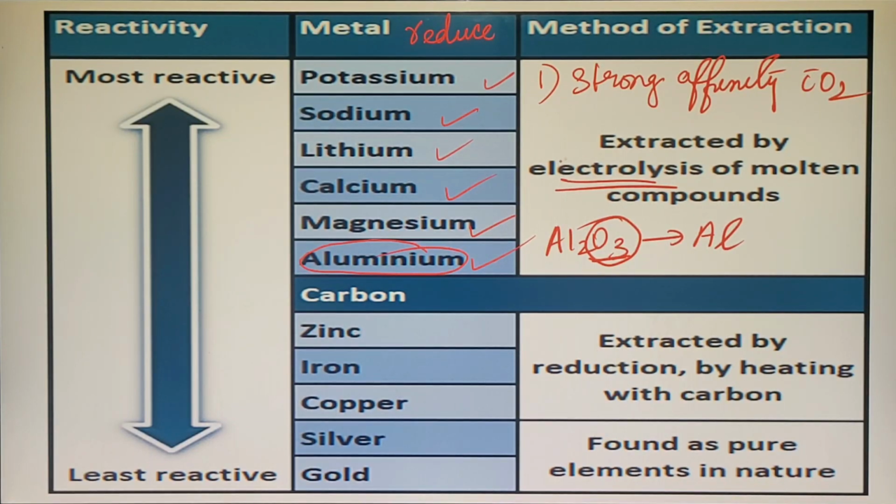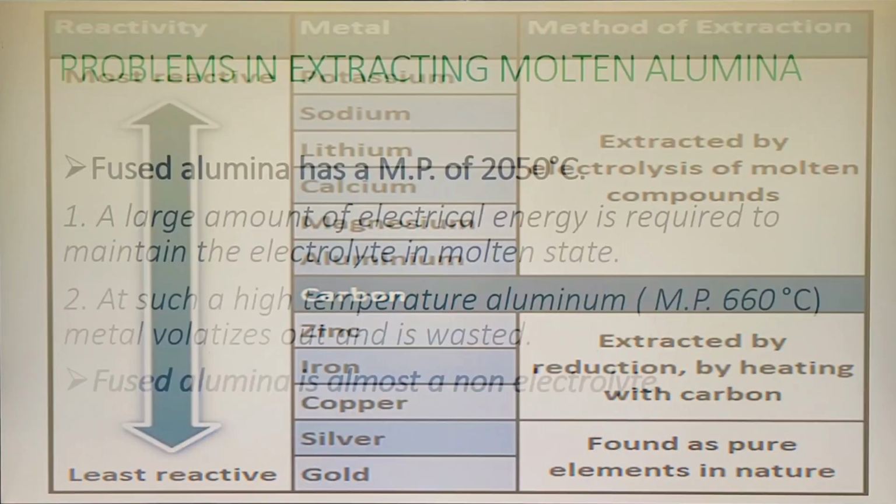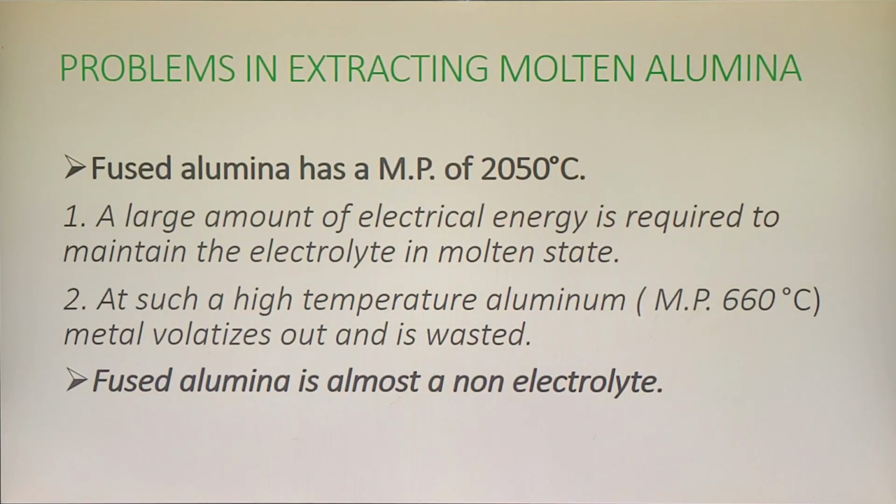I can remove oxygen only and only by using which method, children? I can remove oxygen only by electrolysis method. So as soon as you hear aluminium, it is understood that whenever aluminium has to be extracted, you always have to reduce the metallic oxide using electrolysis method.